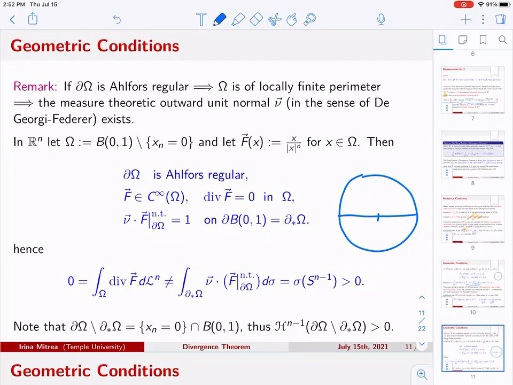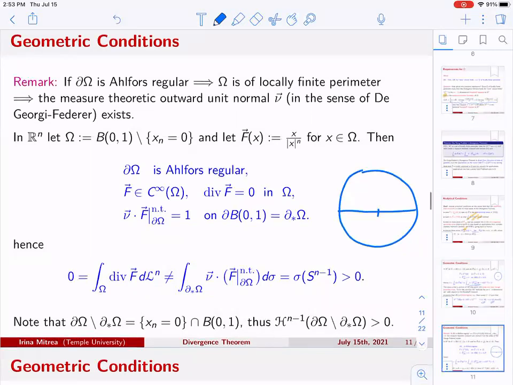At this point, the geometric measure theoretical boundary consists both of the circle and of this line segment, if we're in two dimensions. So Ahlfors regularity is satisfied in this situation. However, all the properties that I mentioned before about the vector field continue to hold. So the left-hand side is 0 and the right-hand side is strictly bigger than 0.